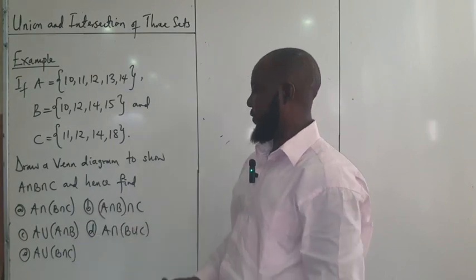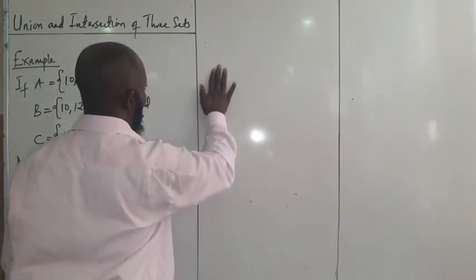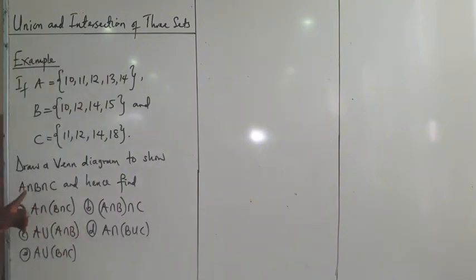So we have five other things there. What we are being told is that there are elements that are common to the three sets, which we are going to do first.